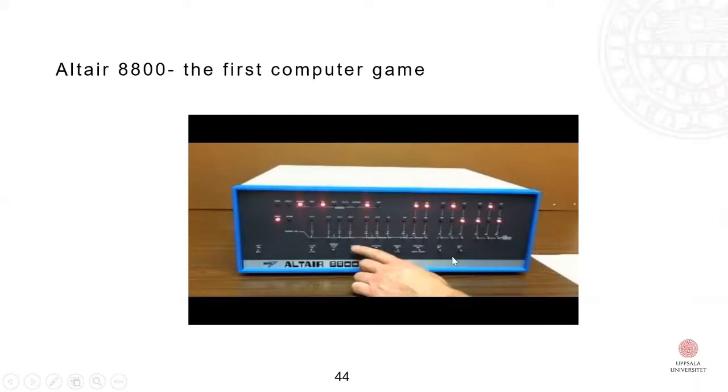It had only some keys that you could use to give it the inputs, and it had some lights that could show you the output. And actually, the first computer game was introduced with this personal computer, which wasn't very easy. You had to press a series of keys, and you could see the output of your game as a series of lights turning on and off.